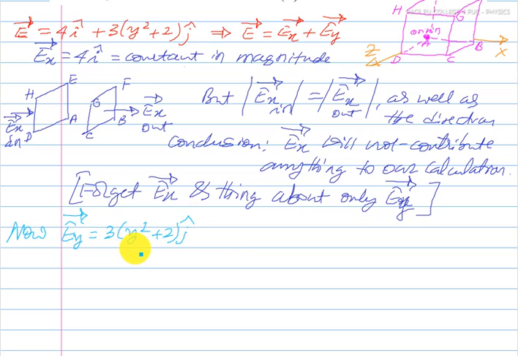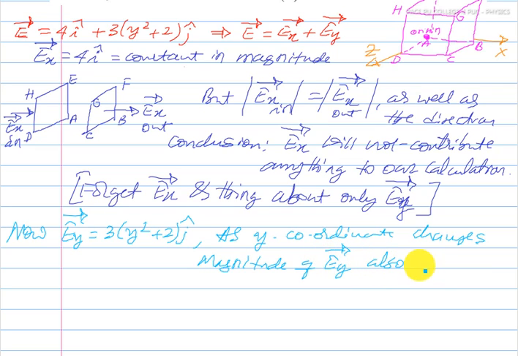So as the y coordinate changes, the value of y changes, and the magnitude of the Ey vector also changes. This is the conclusion I can write here.